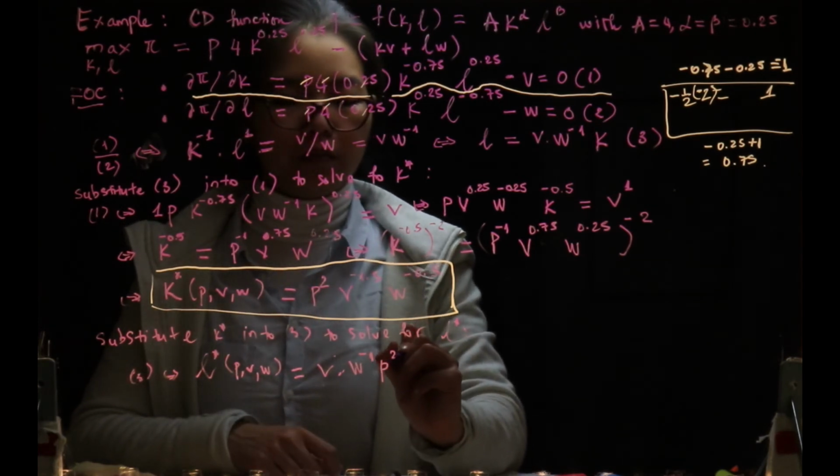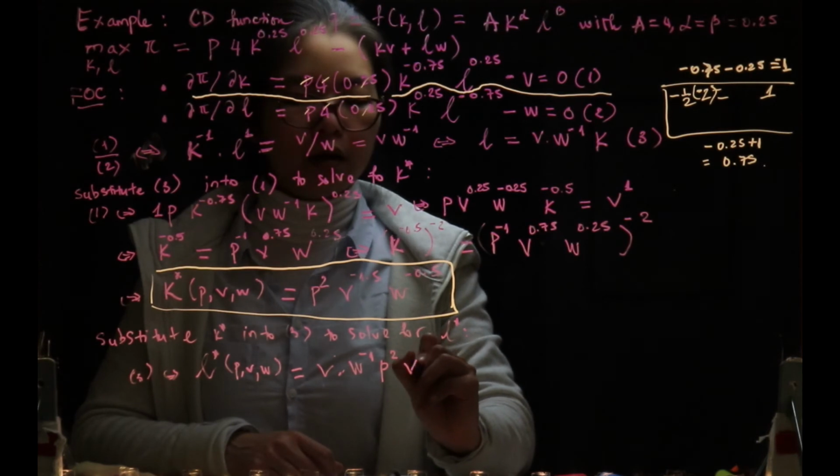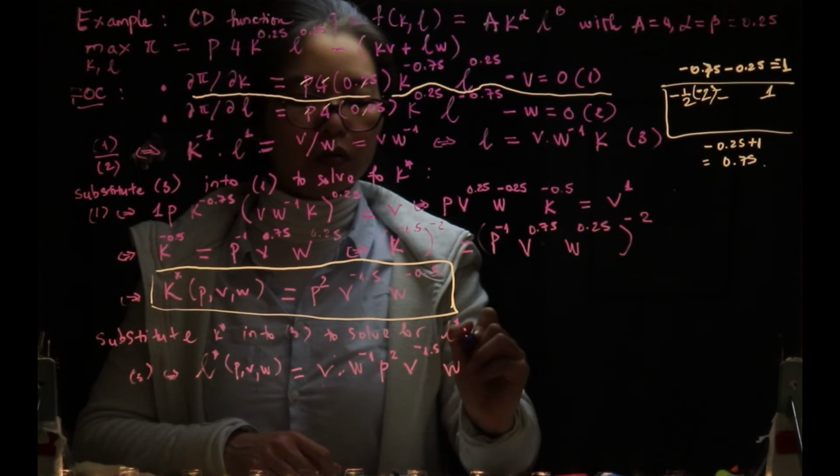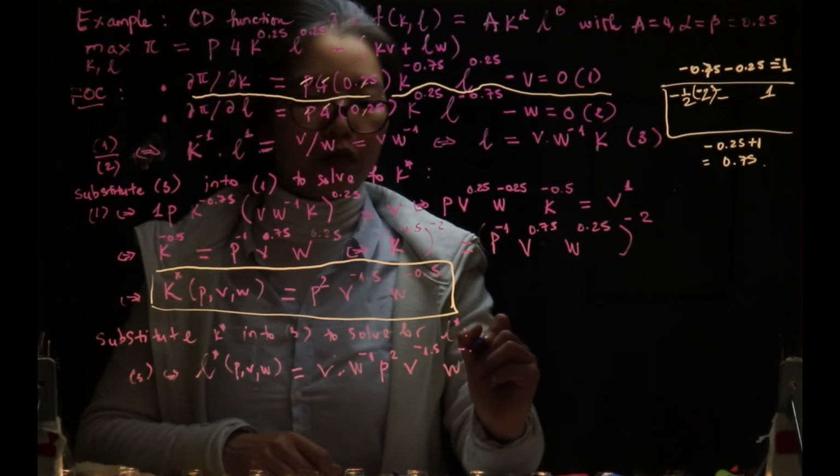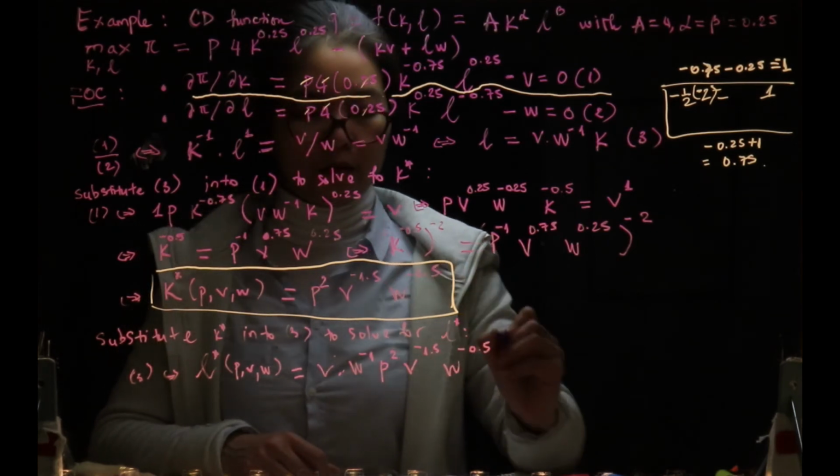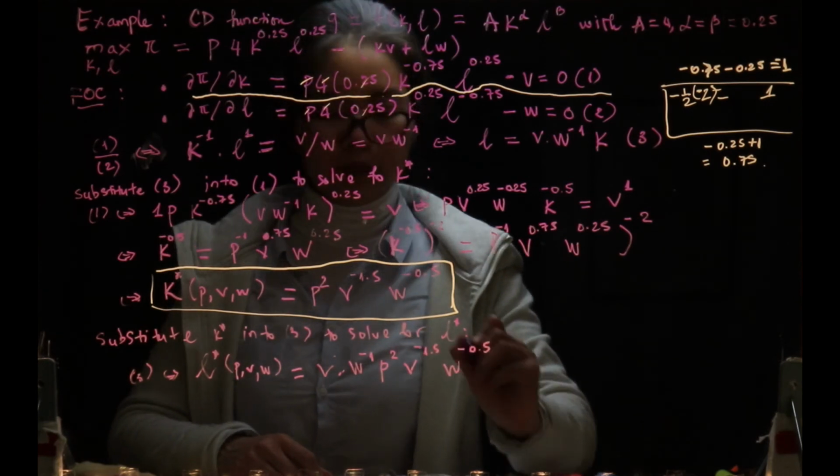So P squared V minus 1.5 W minus 0.5, right? And simplify it a bit further.